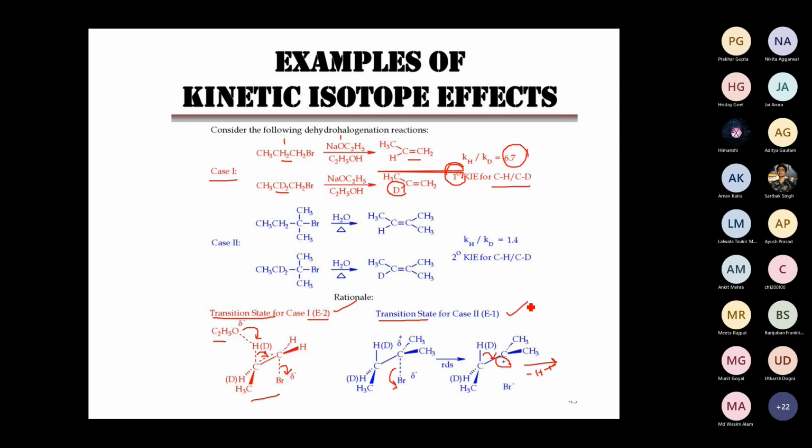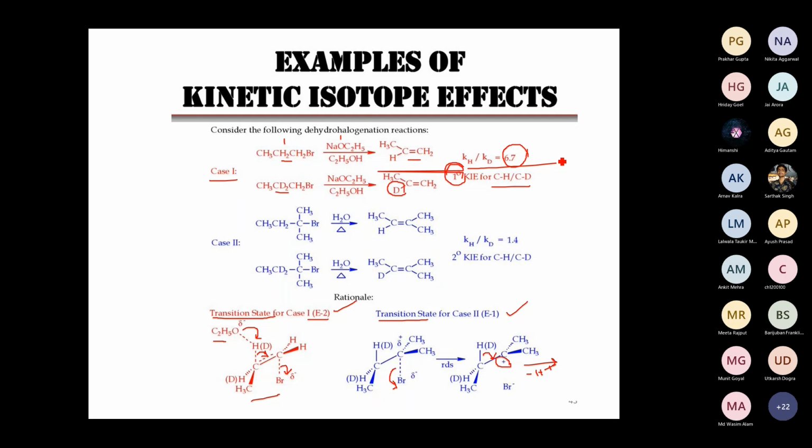Now let's see, but one is not enough. What is the kinetic isotope effect telling? It tells that the CH or CD bond is being broken in the transition state or rate determining step. So which is correct, E2 or E1? You tell me.